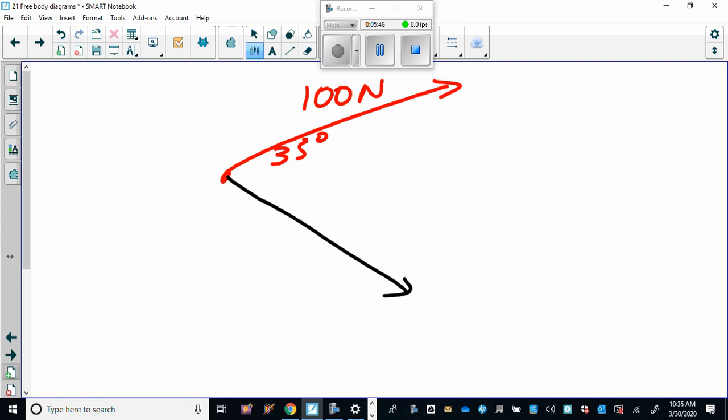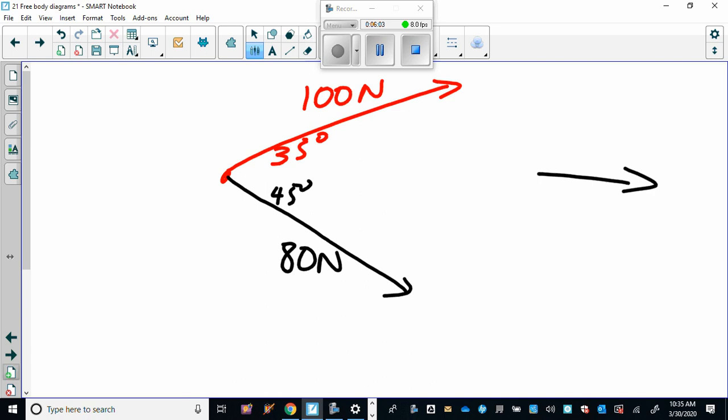Let's call that 45 degrees, and it's pulling with 80 newtons of force. And the question is asking, what is the total horizontal component? So what component is making it go in this general direction?